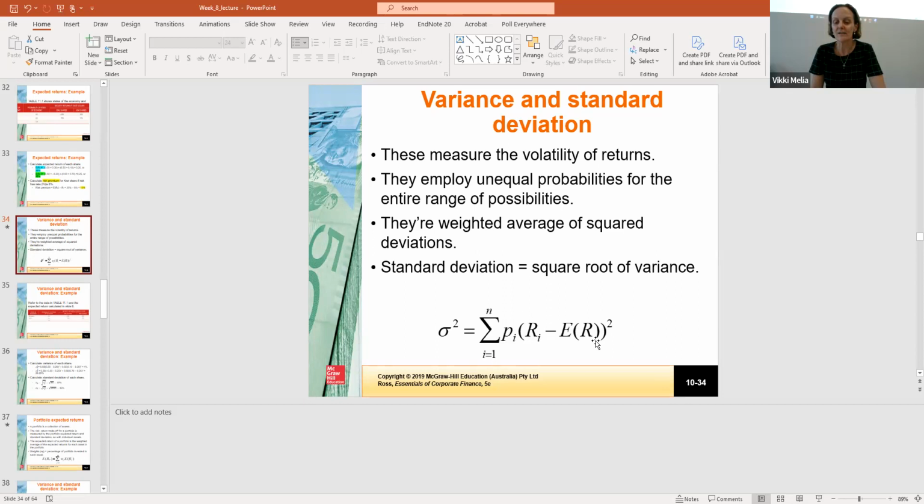And we square. So we're calculating the difference, squaring the difference, and multiplying it by the probability and summing them all together. It's similar to what we did before.